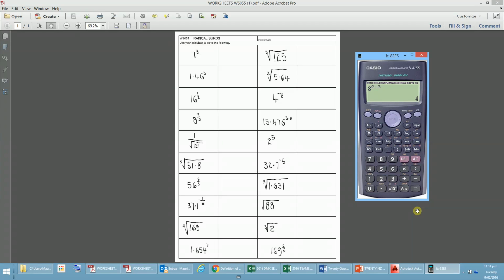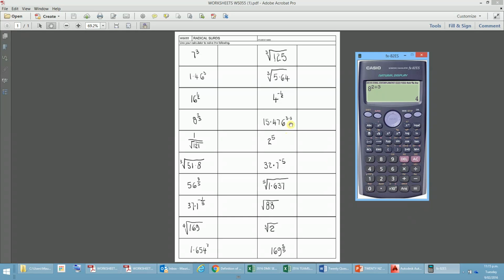So 8 squared is 64, and 4 cubed, 4 times 4 is 16, times 4 is 64.